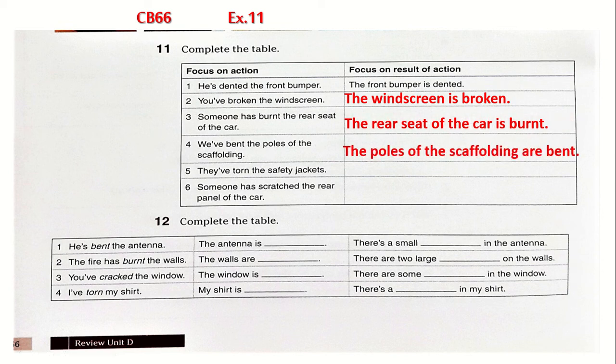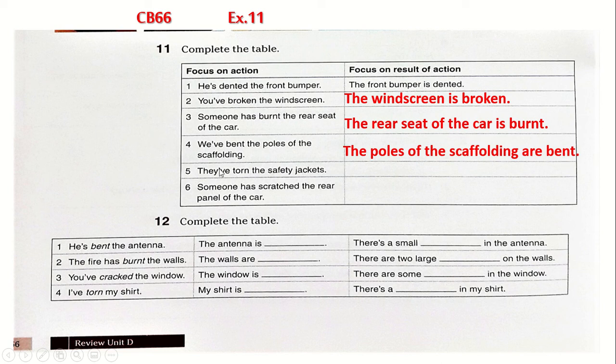The past participle of bent is bent. The poles of the scaffolding are bent. Why did we use are? Because of the poles. Okay? نقدر نلغي احنا of the scaffolding. هي الأساس the poles. The poles are burned. Which poles? The poles of the scaffolding are bent.